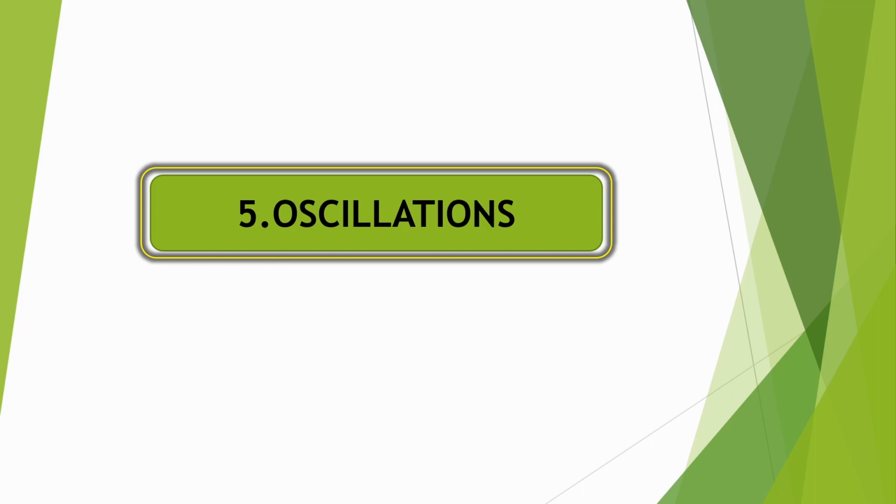For example, the motion of the needle of a sewing machine, the motion of the prongs of a vibrating tuning fork, the oscillations of a spring, the vibrations of a musical instrument like a guitar or violin. So we know that there are a number of examples of oscillatory motion.